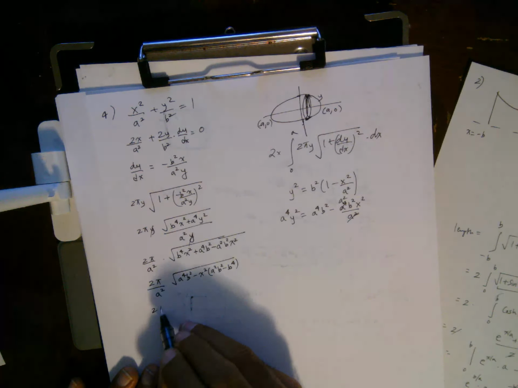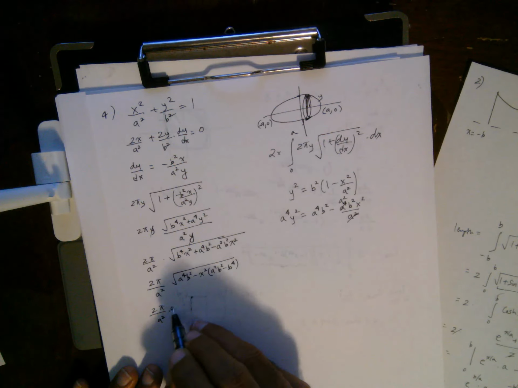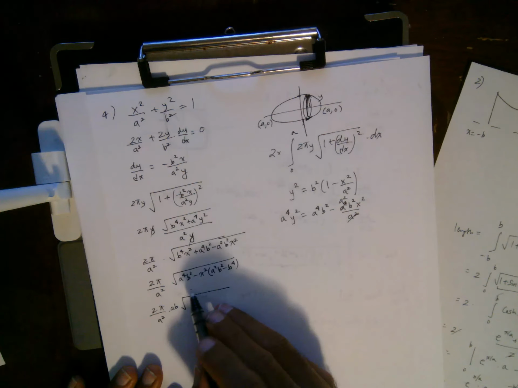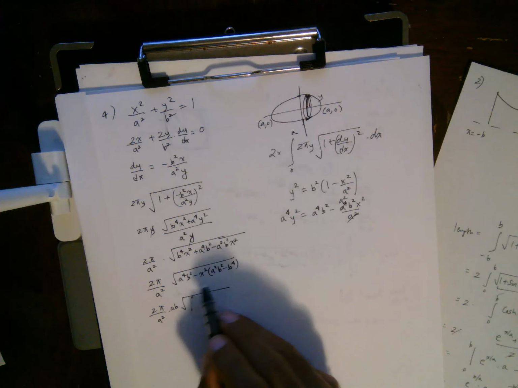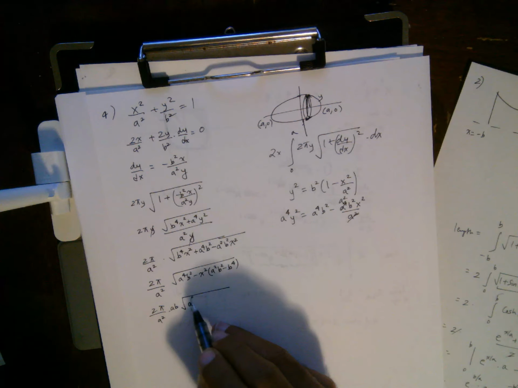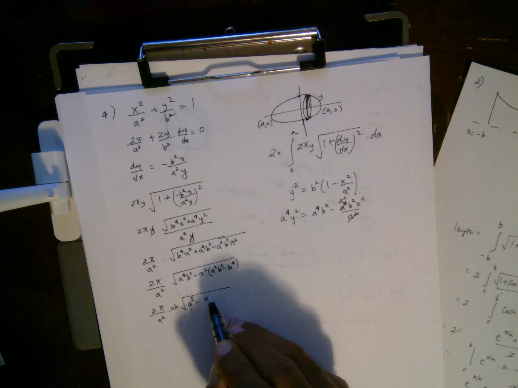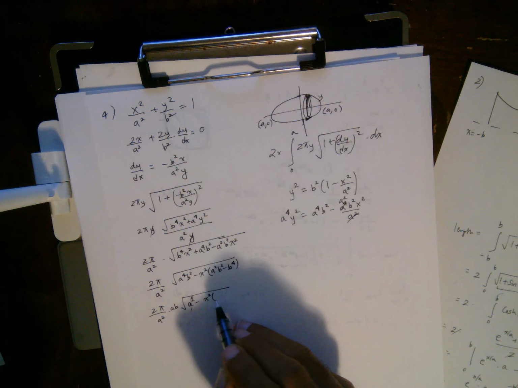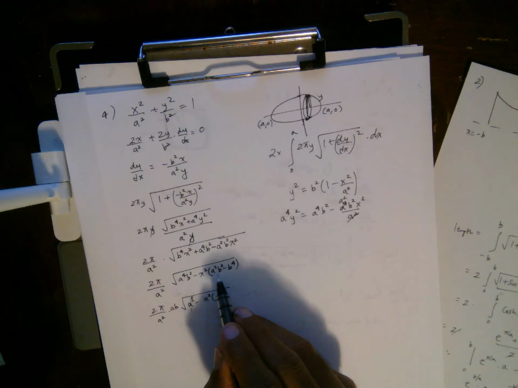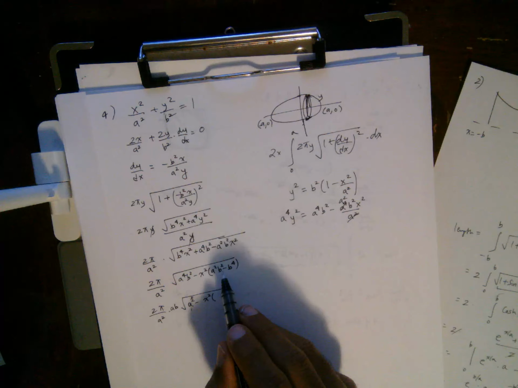I'm going to factor out an ab. When I do that, that's actually a squared b squared from inside, so this ends up a squared minus x squared. I factored out an a squared b squared.